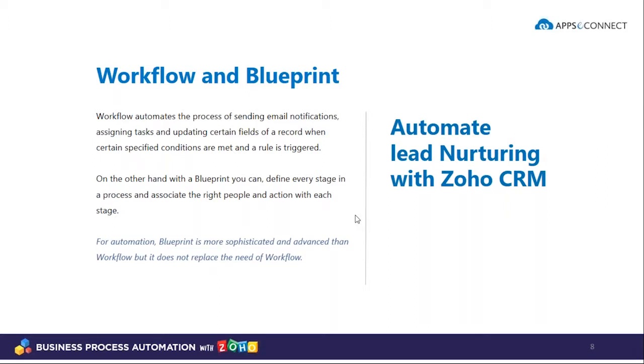Now there is another advanced automation which is called Blueprint. You can use Blueprint to automate the entire life cycle of any process, say for example lead nurturing or potential handling.